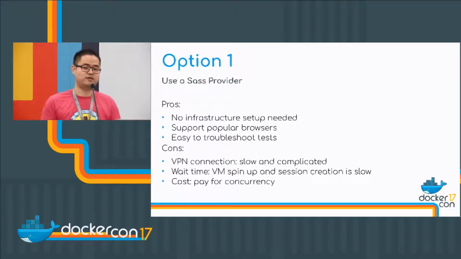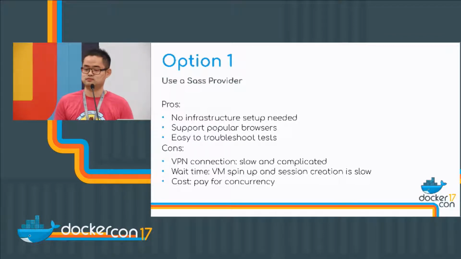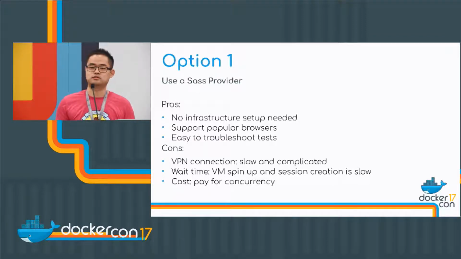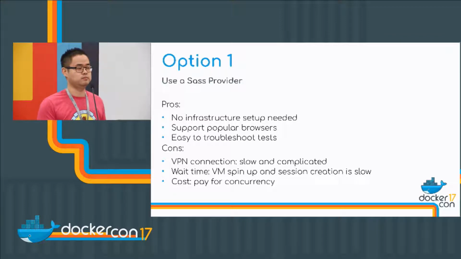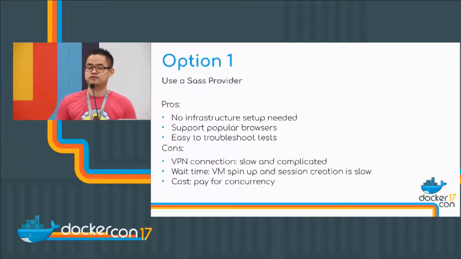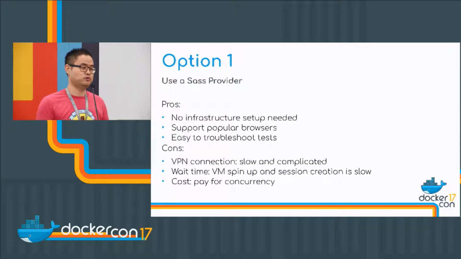But after I'd used it for a while, I discovered some downsides too. For example, our company, like most others, uses VPN to access the corporate network. It took me some time to set up a VPN connection between this remote browser platform and our corporate network. And even after that, I discovered the network connection between those two was slow.